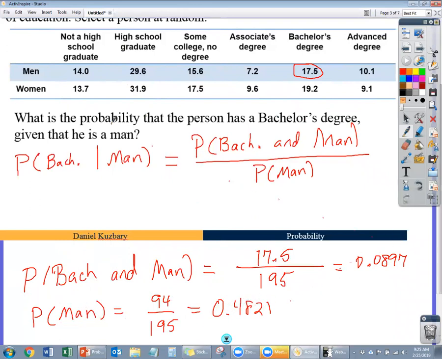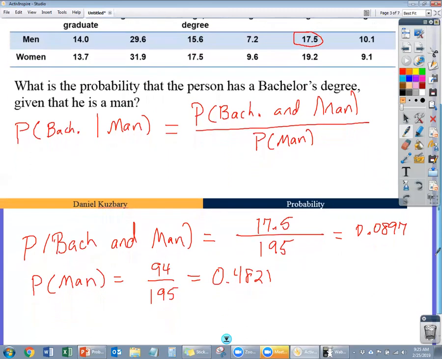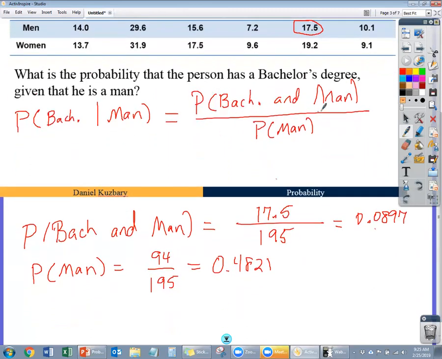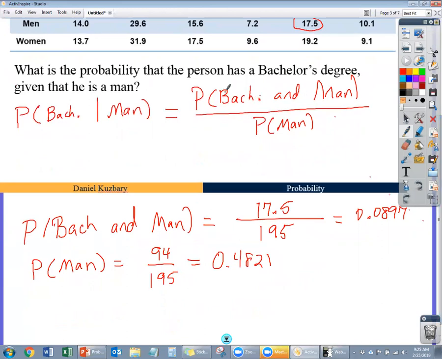And now that I have both of these things, I can find the conditional probability using the definition. So put the probability you get someone with a bachelor's degree as their highest degree and is also a man, divide it by the probability that you get a man, and you've got your answer.